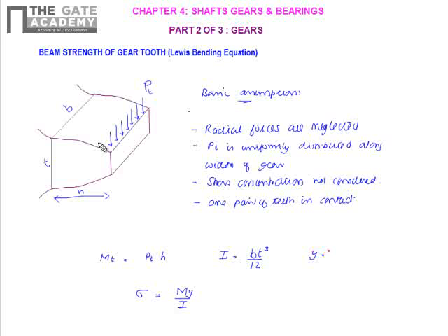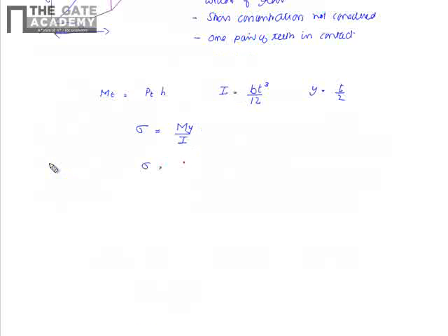In this case, y will be half of this height because it is bending about this axis. The neutral axis, the centroidal axis, if you draw it, will be like this. So when it is bending, y will be t by 2 here. So what will be the bending stress? Bending stress will be Pt into h into t by 2 divided by bt cube by 12. That will be 6 times Pt h by bt square.